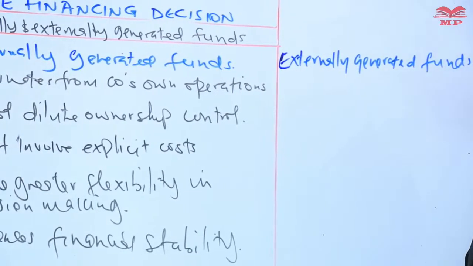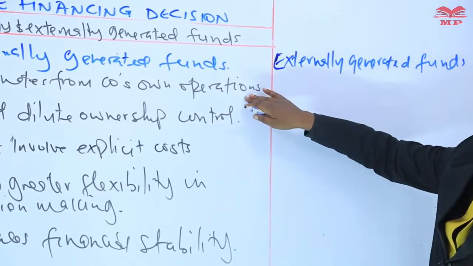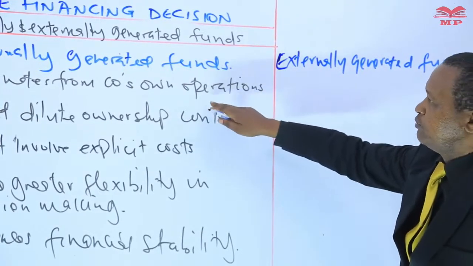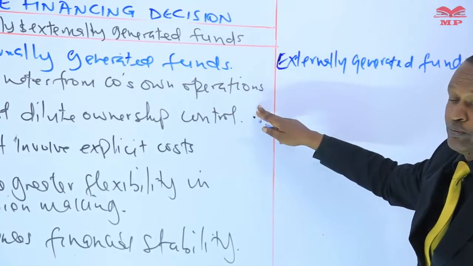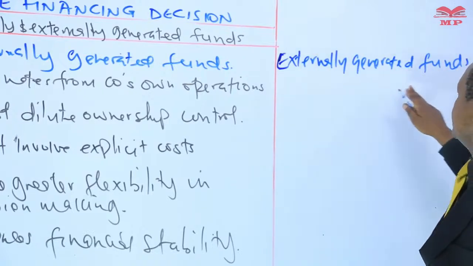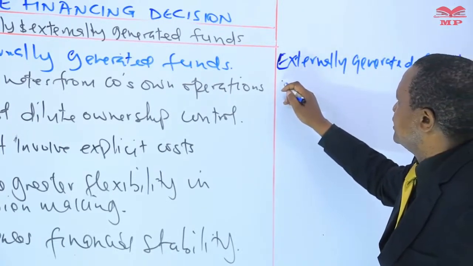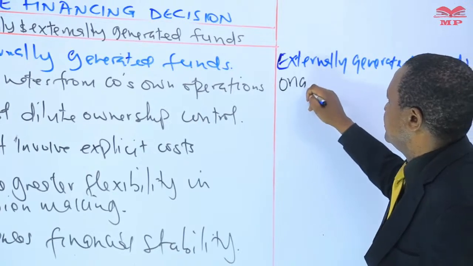Number one, on the basis of the source, internally generated funds originate from the company's own operations. For externally generated funds, these funds originate from outside the company.